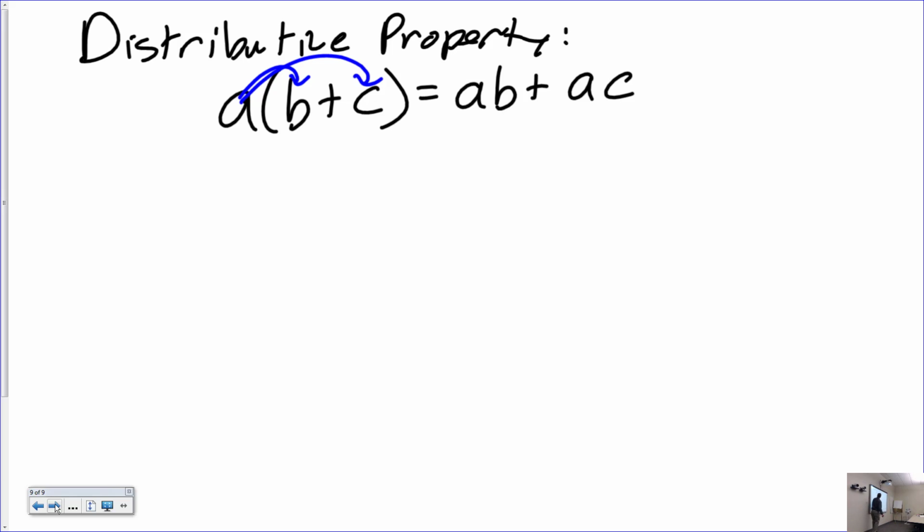And again, this is a sad story, but it always makes me smile. Probably like 3 years ago now, I had a student who, when I said, oh, we're going to learn the distributive property, looked at me and said, oh, you mean rainbowing? And I was like, rainbowing? No, distributive property. And when I did the distributive property and drew the little arrows, what did it look like? It looked a little bit like a rainbow. And she's like, well, it's a rainbow. And I was like, well, yeah, I guess.